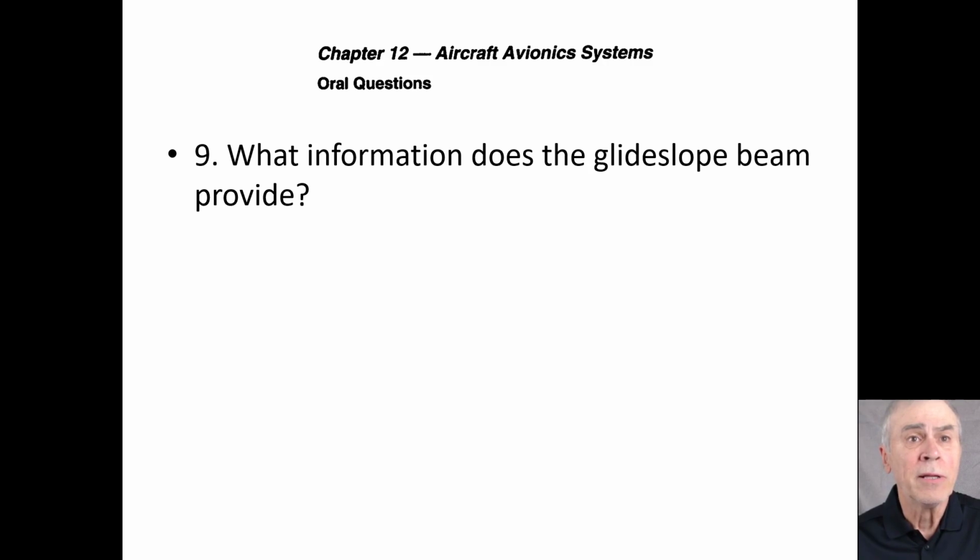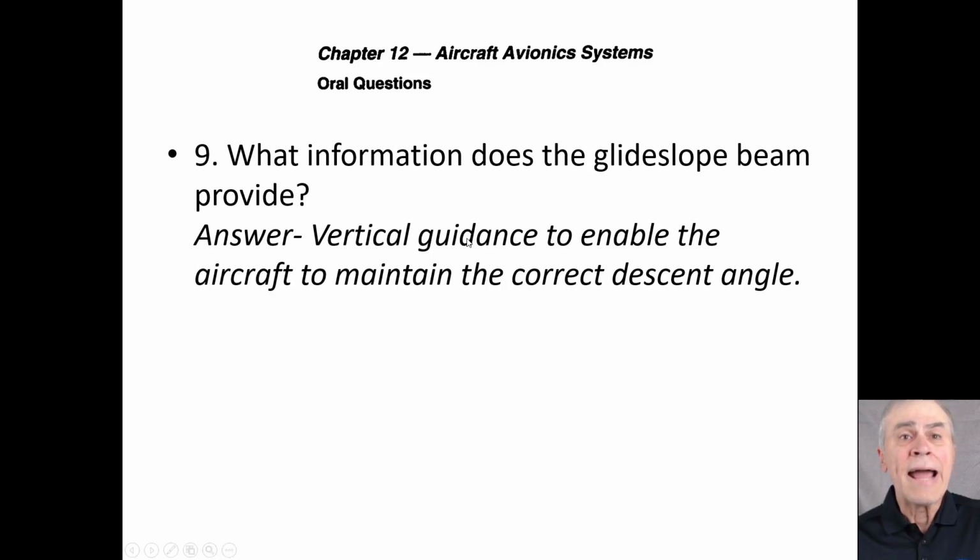Sorry, it's been a while. Vertical guidance to enable the aircraft to maintain the correct descent angle. Just get some of the right words in there and you'll do fine.